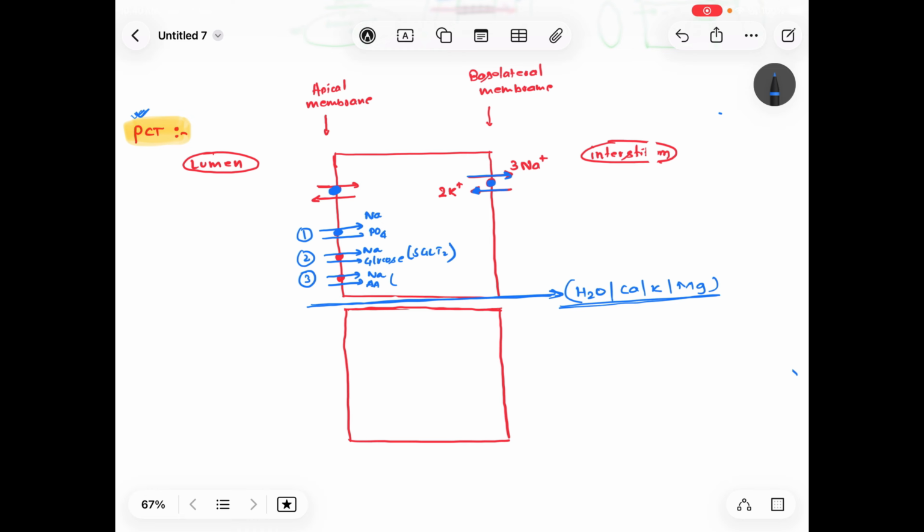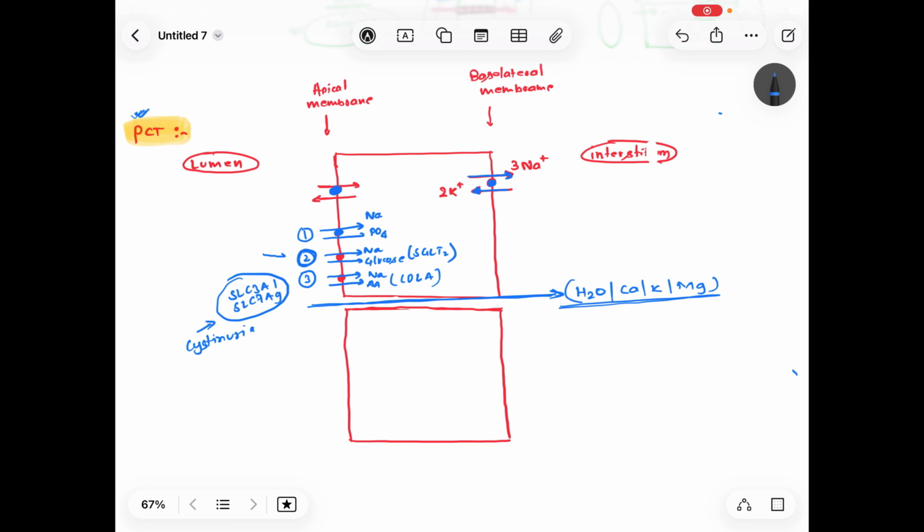Among amino acids, the majority are the COLA amino acids: cysteine, ornithine, lysine, and arginine. The names of the transporters are SLC3A1 and SLC7A9. A defect in these channel proteins causes cystinuria. The second one is sodium glucose.